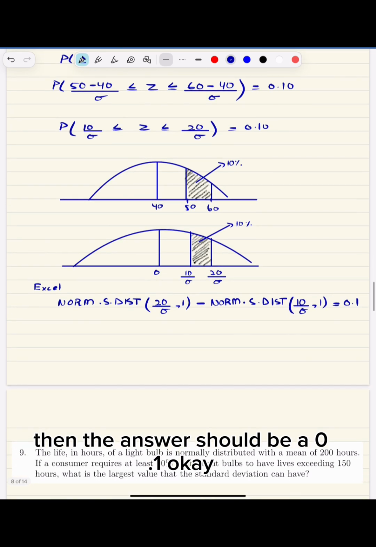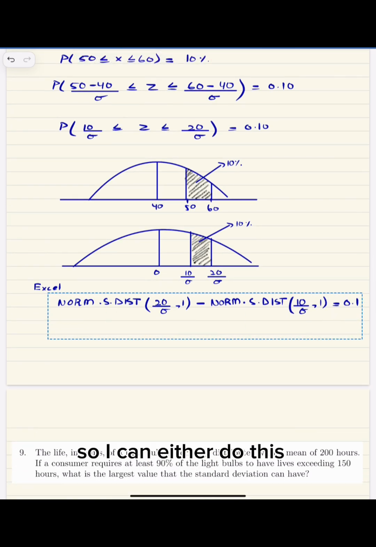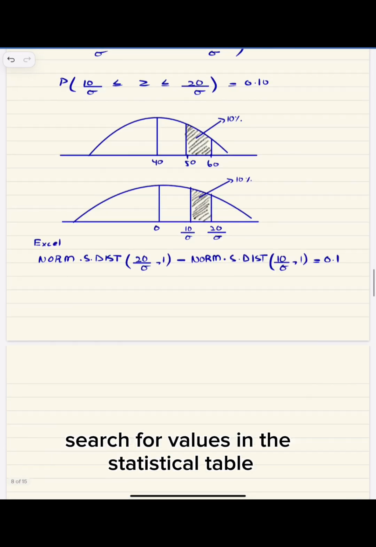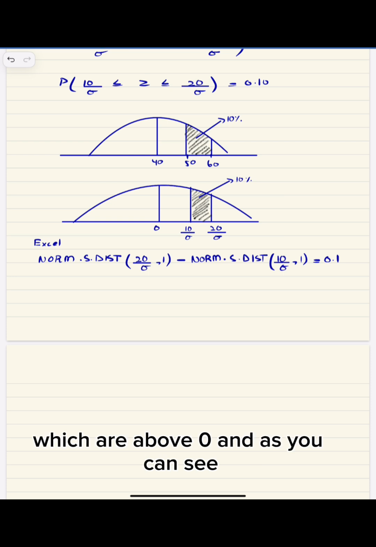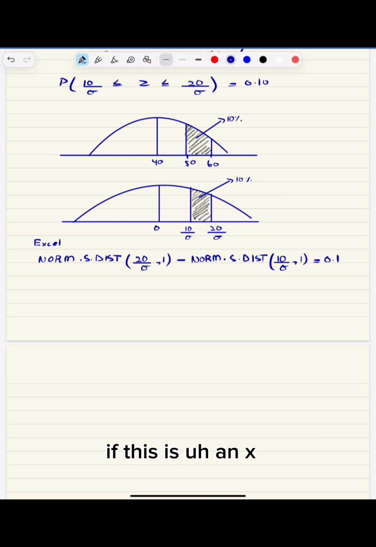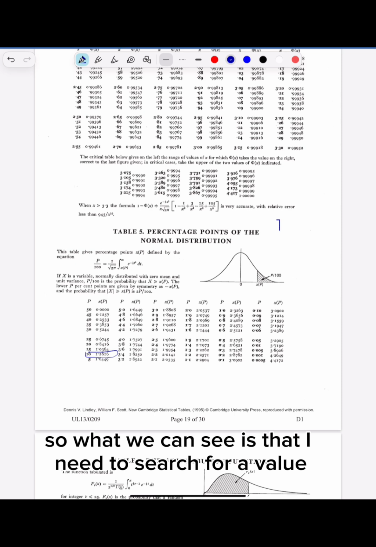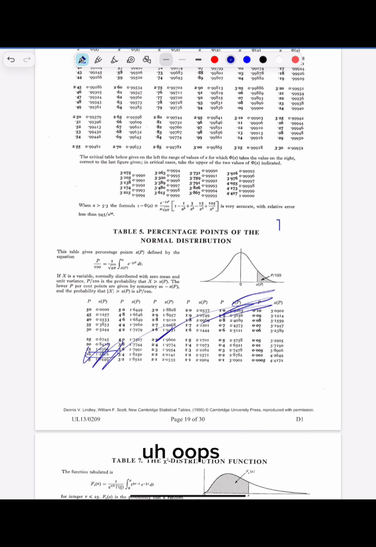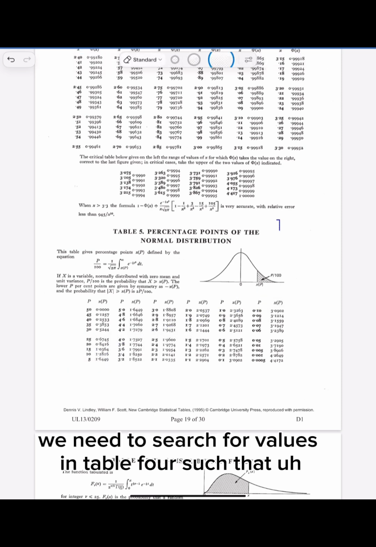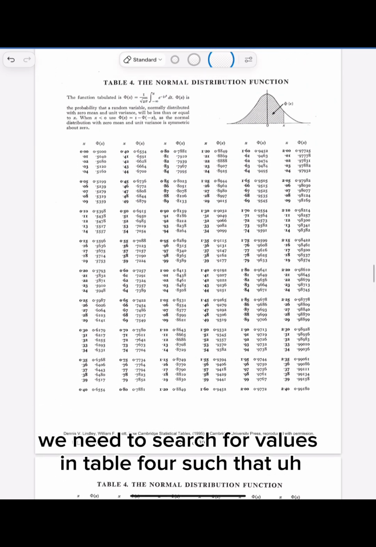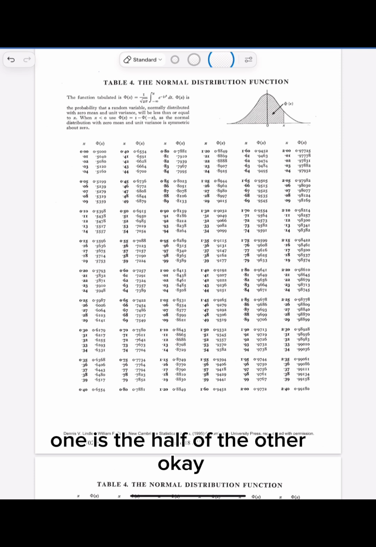Okay, so I can either do this, or I think a better way perhaps would be to search for values in the statistical table which are above 0, and as you can see, if this is x, this is twice its amount. So we need to search for values in table 4 such that one is half of the other.